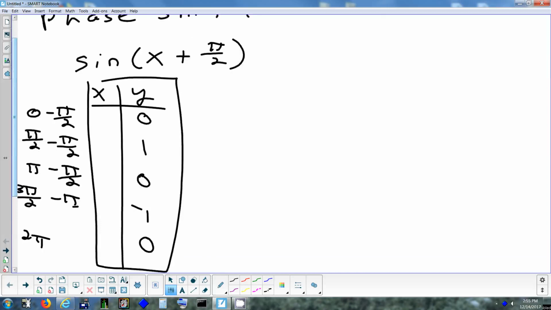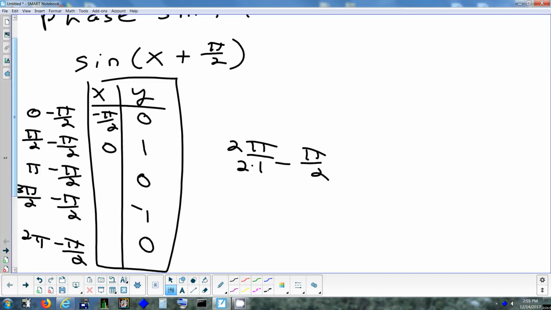Now, some of these already have common denominators, some don't. So the first one, 0 minus pi over 2 gives me negative pi over 2. Pi over 2 minus pi over 2 is just 0. Now we've got pi minus pi over 2. Common denominator would be 2. So double the bottom, double the top.